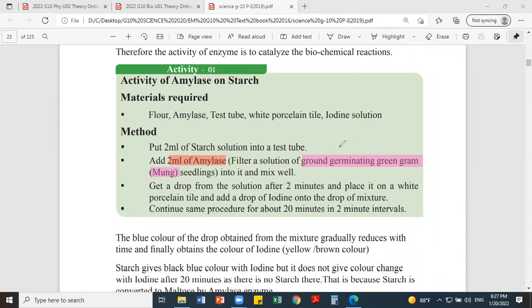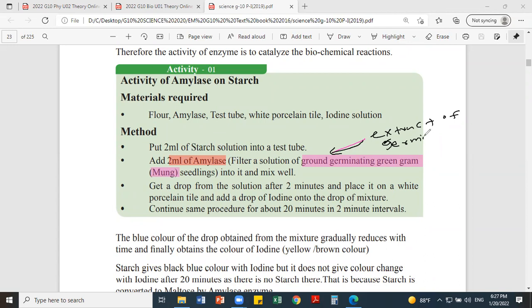So this is the alternative if the amylase enzyme is not available in your school laboratory. Please underline or highlight this. What is the extract of germinating mung seeds? You crush or grind it with water, filter it and get this solution. Germinating means you soak mung seeds overnight, and next morning the seeds burst, increase in size and begin to germinate.